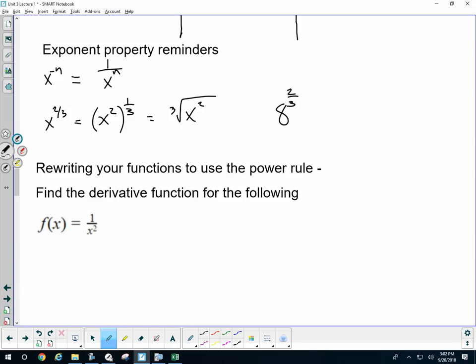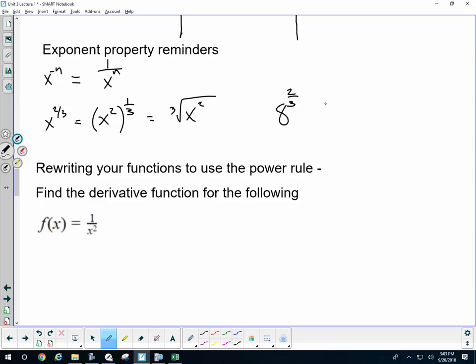The goal is to find something that I can plug values into to find the slopes of the tangents to the original function. This function, this f prime, tells me how quickly f is changing. Okay? So I want to be able to plug stuff in. Well, we are going to end up with derivatives of fractional powers, and we may have to plug in a value and take it to a fractional power.